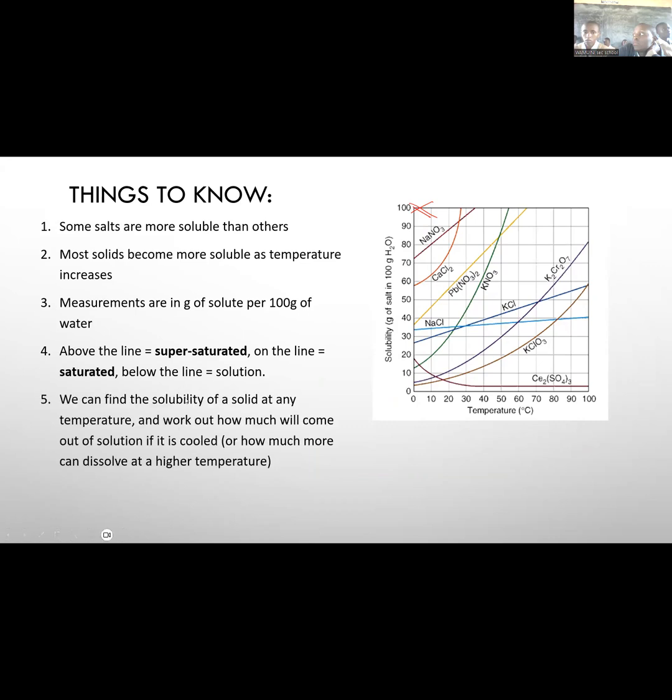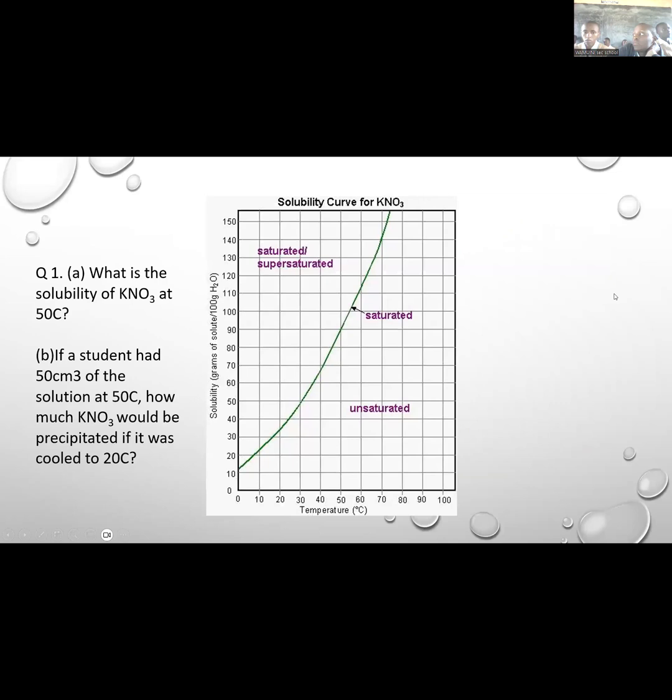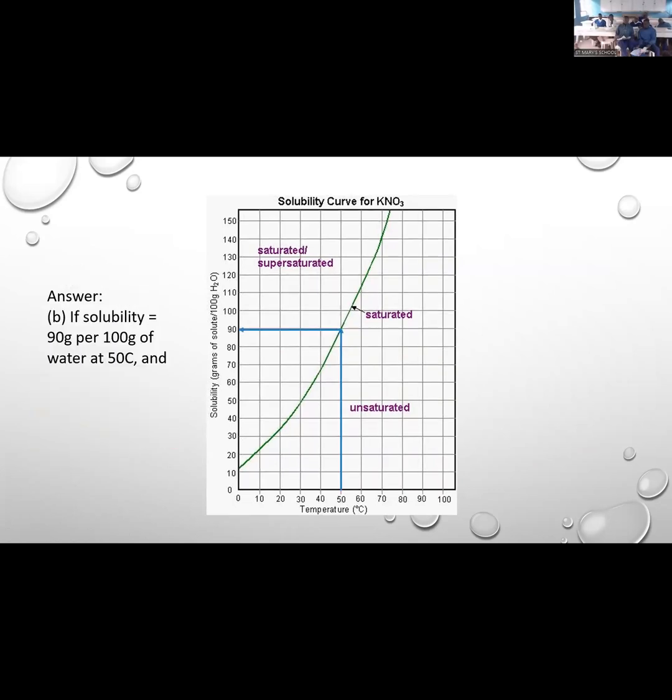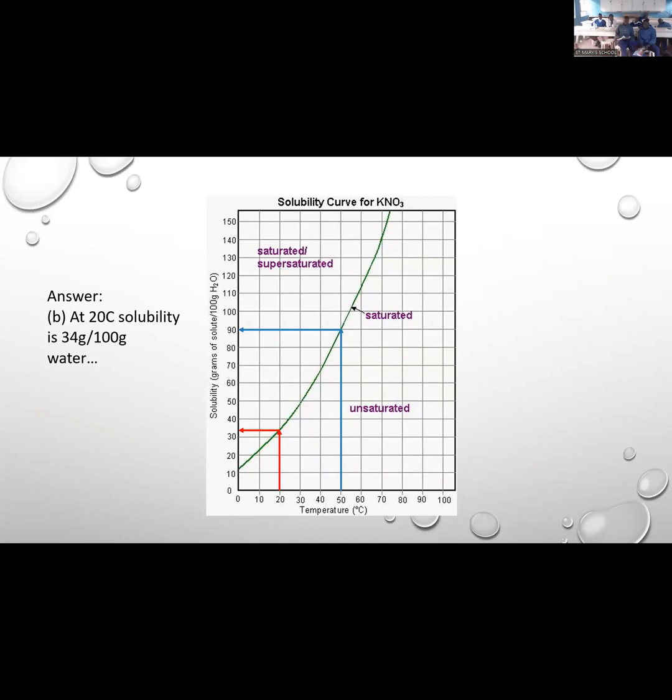And we can find the solubility by just drawing a line up. Then we came across an example of this. There's the solubility at a particular temperature. Here's how you find two different solubilities there. That should allow us to work out how much will come out of solution.